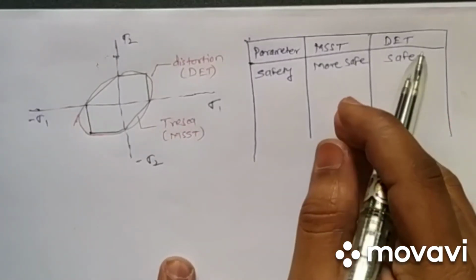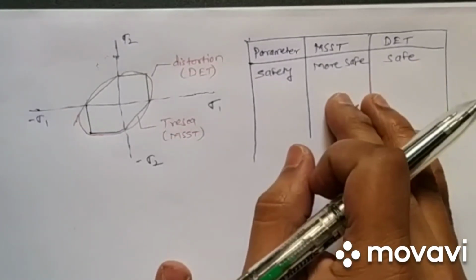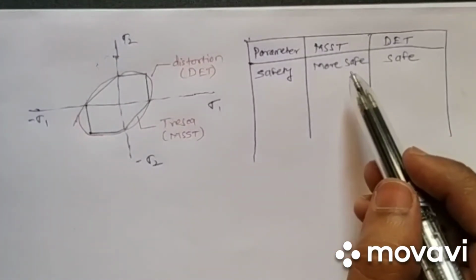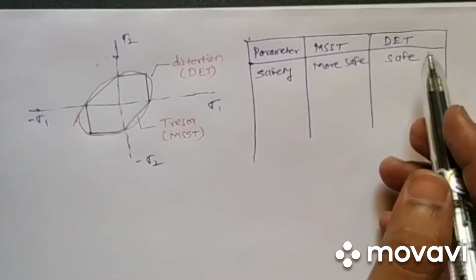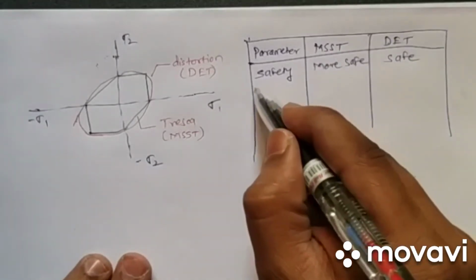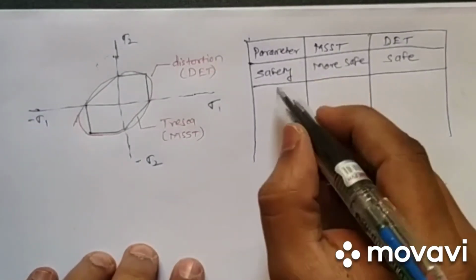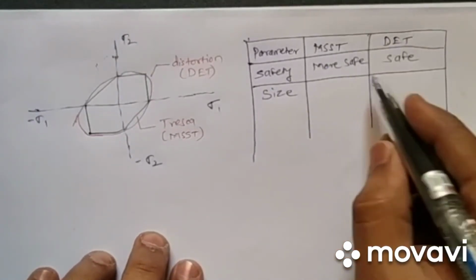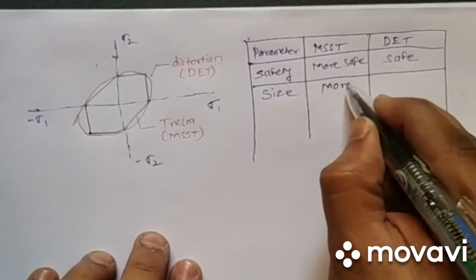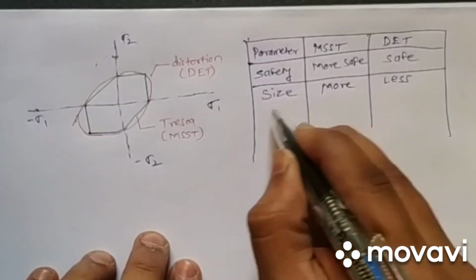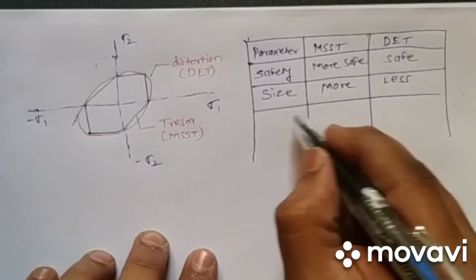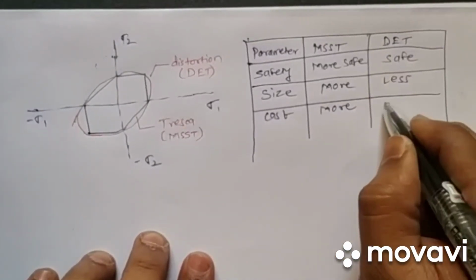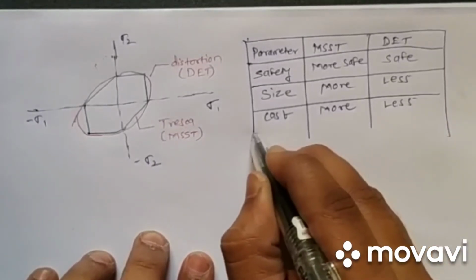That means the design you do by considering the maximum shear stress theory will be safer than the design considering the distortion energy theory. Then size: as this is more safe, its size will obviously be more, so the other will be lesser. Then cost: as the size is more, obviously the cost is more.